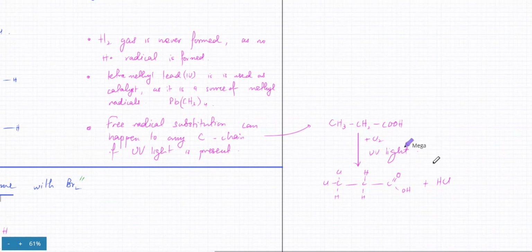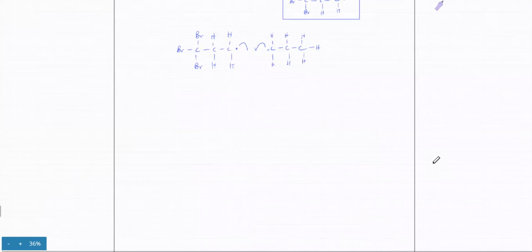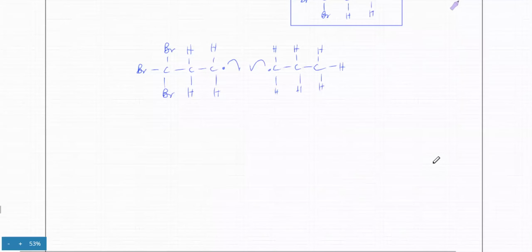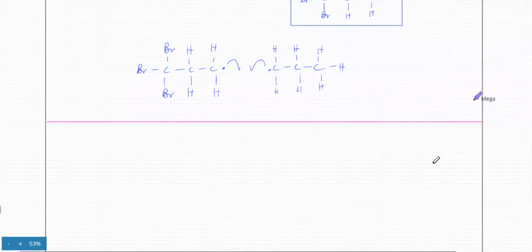Now, the next thing that we're going to discuss is cracking of alkanes, or the better term would be cracking of long chain hydrocarbons.